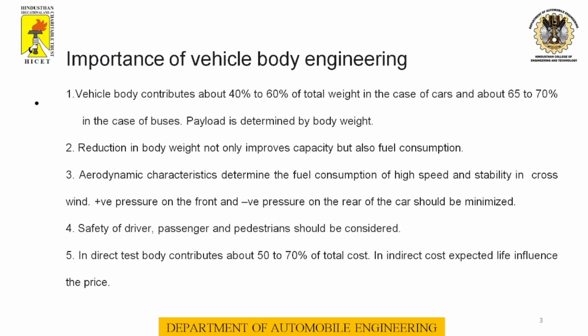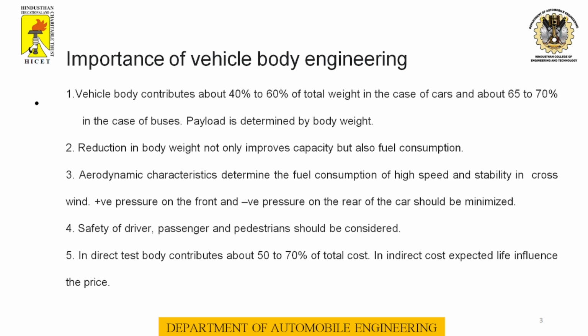Importance of the vehicle body. The vehicle body contributes about 40 to 60% of total weight in the case of cars and about 65 to 70% in the case of buses. Payload is determined by the body weight. Reduction in body weight not only improves capacity but also fuel consumption.